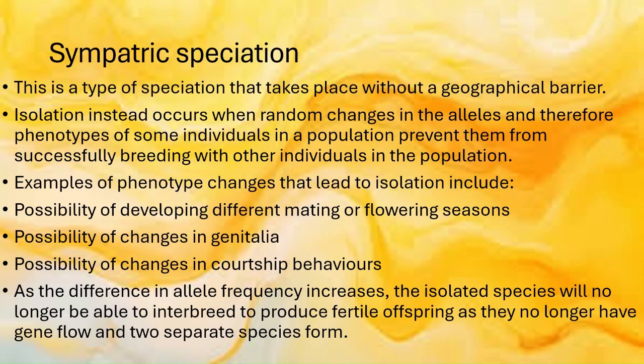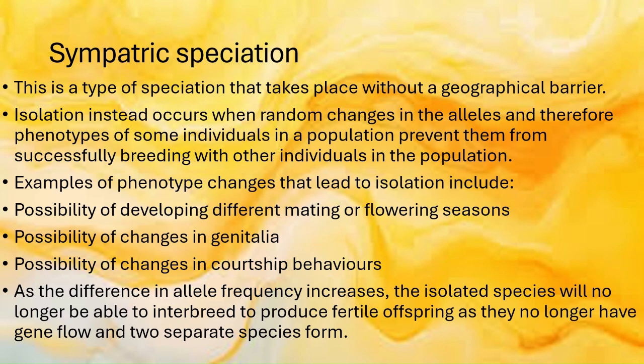What is sympatric speciation? This is a type of speciation that takes place without a geographical barrier. Isolation instead occurs when random changes in the alleles and therefore phenotypes of some individuals in a population prevent them from successfully breeding with other individuals in the population.